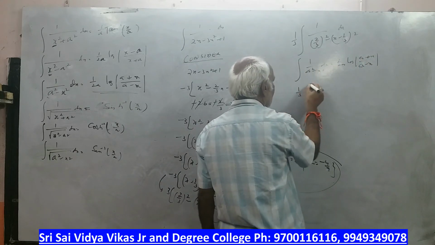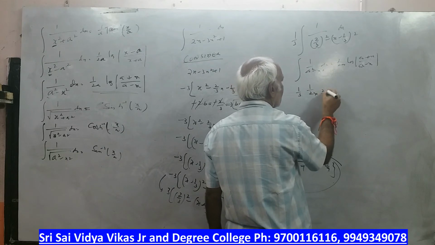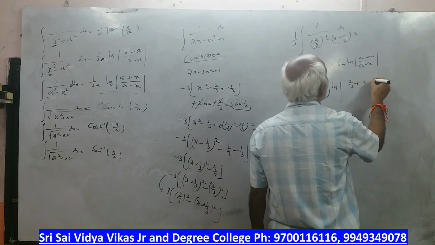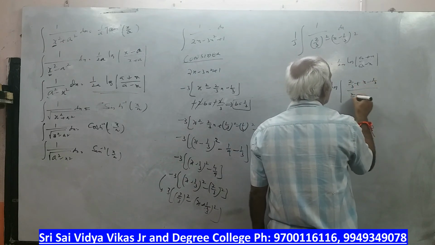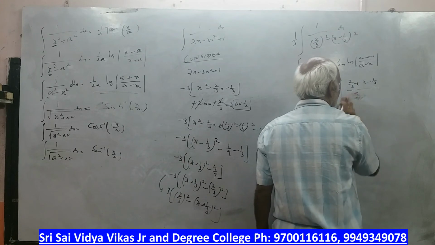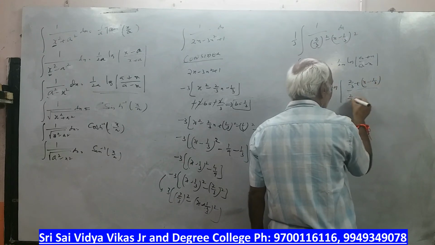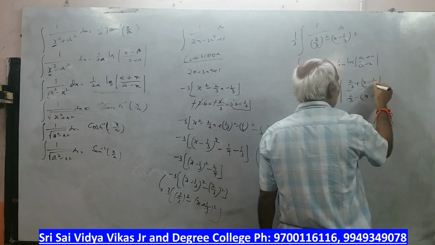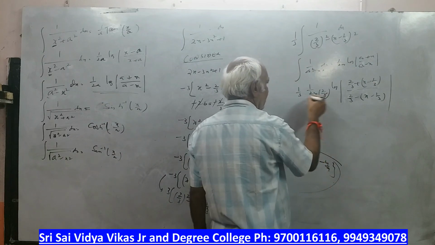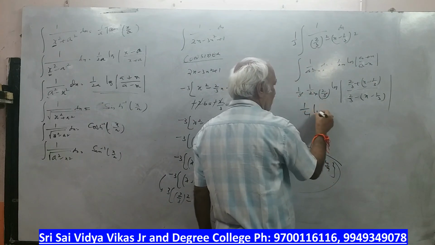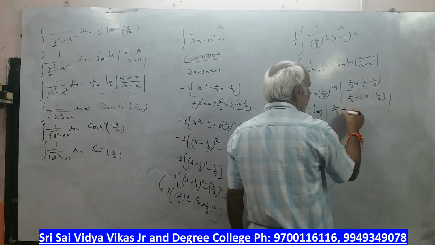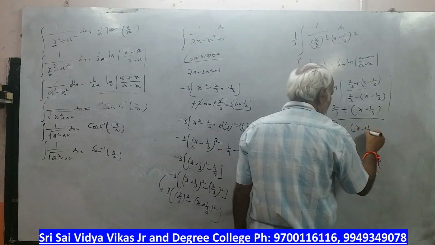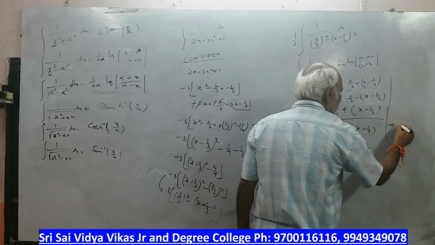So 1 by 3, 1 by 2a, log of a plus x by a minus x. Right? So 3 and 3 will get cancelled. 1 by 4 log of 2 by 3 plus x minus 1 by 3, by 2 by 3 minus x minus 1 by 3. Don't open the bracket, sir, it is not required, plus c.